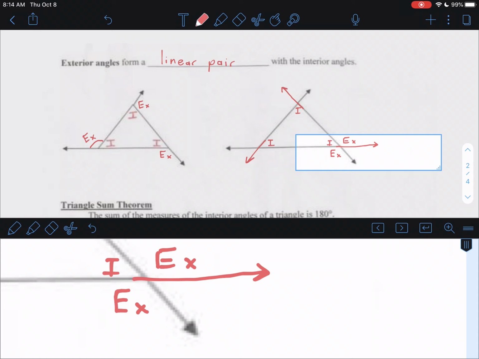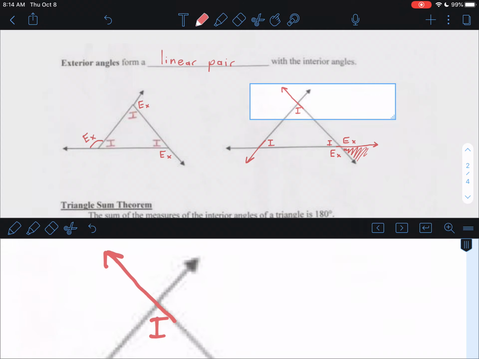And this angle that's formed vertical to the interior angle doesn't really have a name. It doesn't have anything special about it. It is vertical to the interior angle, but we're not going to worry about that too much. We might need to use it in some problems.